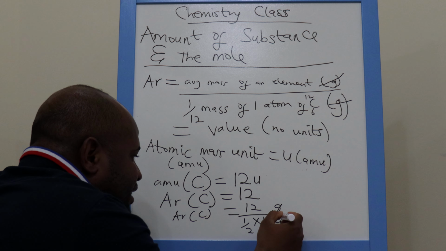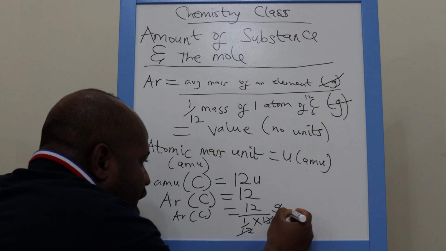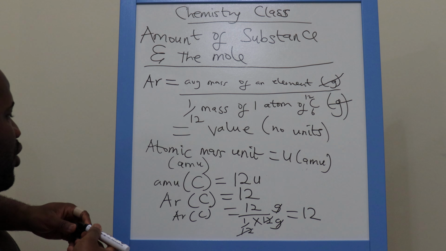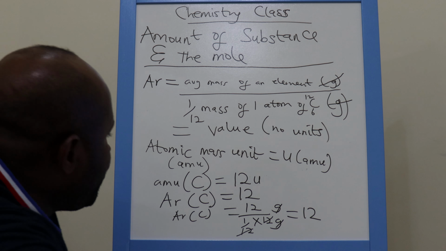So the 1/12 and this 12 cancel, and we have 12. Hence 12 is the relative atomic mass, while the atomic mass unit is 12 mu.